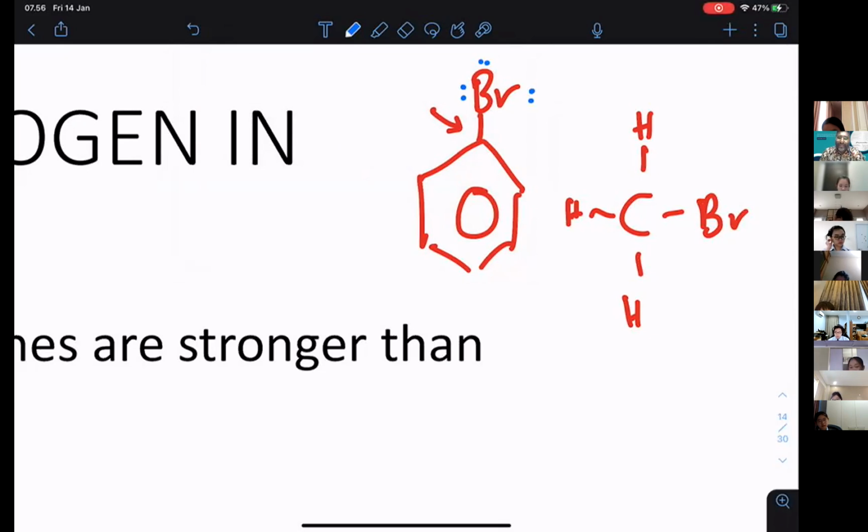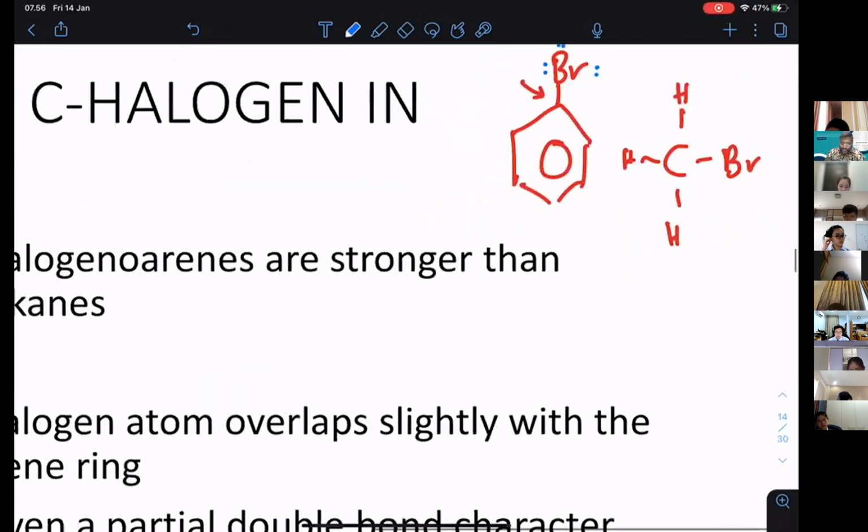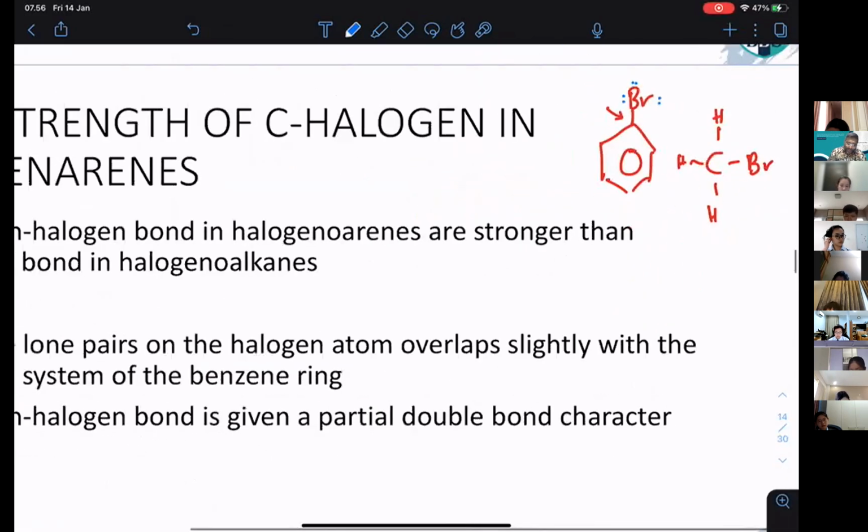Whenever there is overlap, it creates a partial double bond character. Similar to what I told you last time, if you are in taekwondo and you stack two short plywood together and you are asked to break the plywood, if you try to break over here, the plywood will be broken.